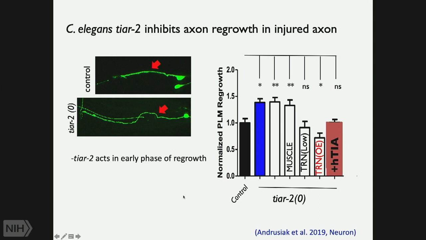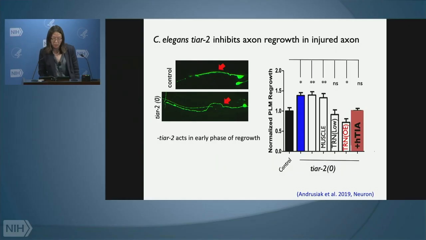Additionally, Matt did a time course analysis to show TIAR-2 acts in the early phase, in growth cone initiation. He then did transgenic rescue by putting TIAR-2 into the neurons, which fully rescued the extended regrowth phenotype, but this doesn't happen if the genes are put into muscle cells.